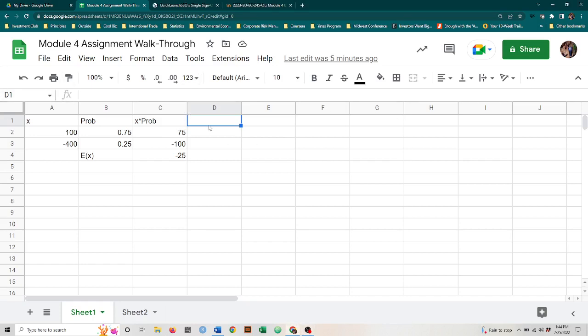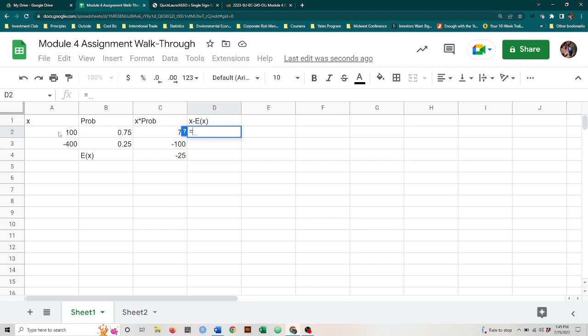All right, so the next thing that we want to do is get the deviations around the mean. So for every x value, we'll just take x minus E of x. So we'll get these deviations around the mean as we described. So how far away is each of these that we've got?